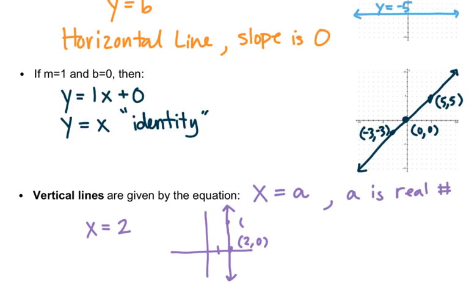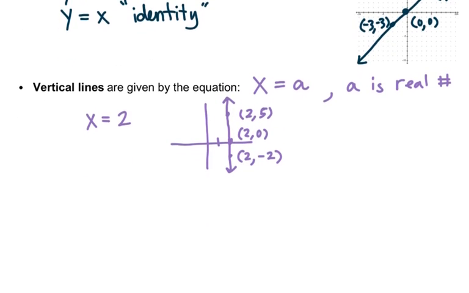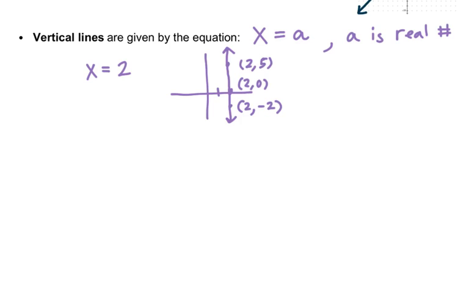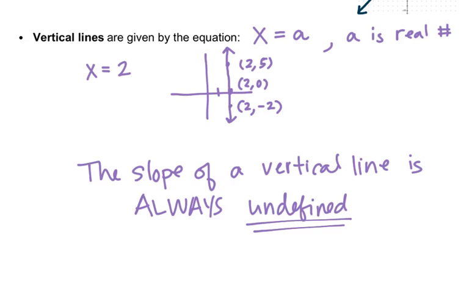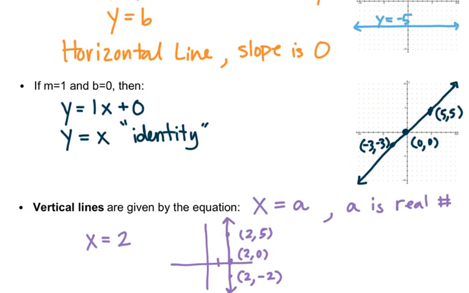So I might have 2, 5, or I could have 2, -2. Notice all the x values on these ordered pairs are 2. And again, we haven't talked about slope a lot, but for any vertical line, the slope is always going to be called undefined.